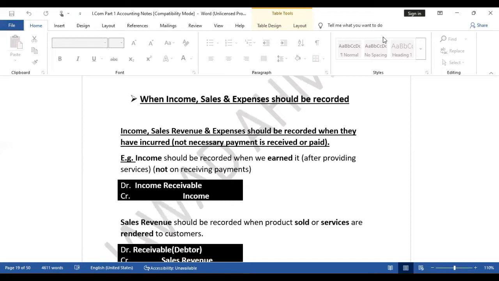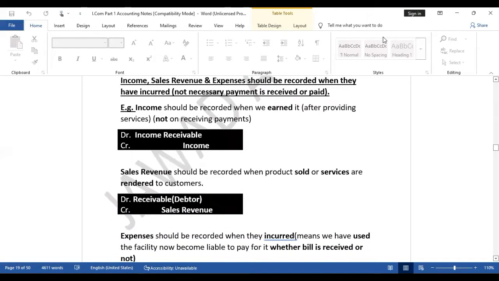So, the entry when any income is earned will be income receivable debit, income credit, and when this income is received in the form of cash or bank balance, the entry will be bank or cash debited, and income receivable, which was initially debited to receive the money in future, will now be credited to remove this right.